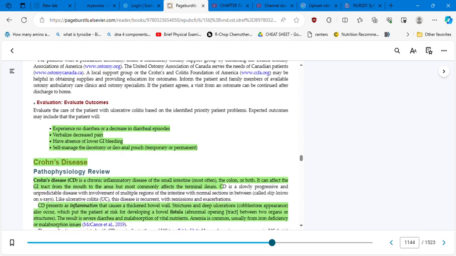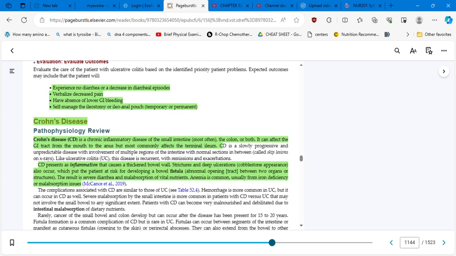We want to evaluate the patient at the end, and we want the patient to be happy, with no diarrhea or a decrease in diarrheal episodes, verbalize decreased pain, have absence of lower GI bleeding, self-manage the ileostomy or ileoanal pouch temporary.